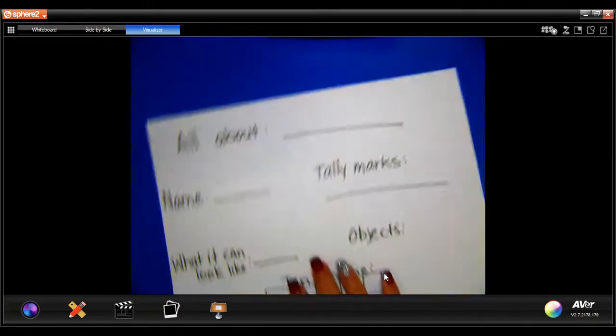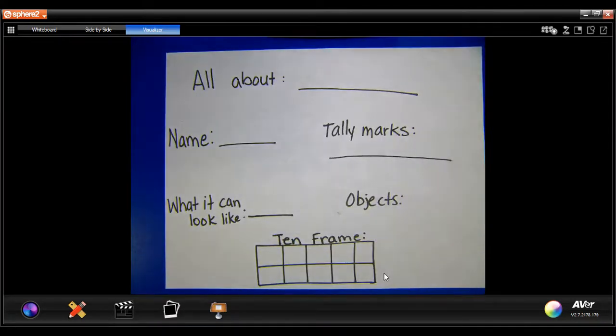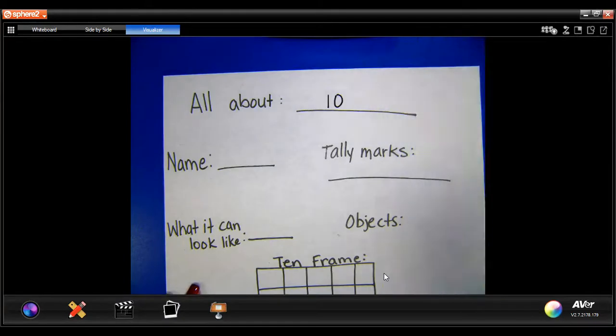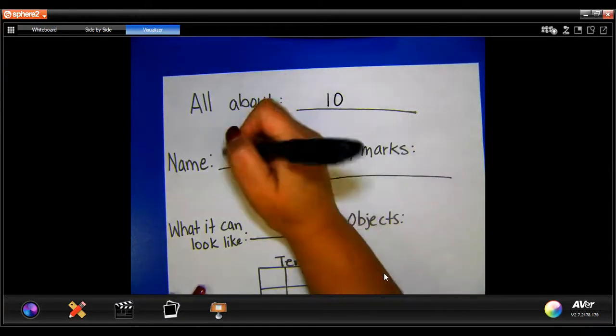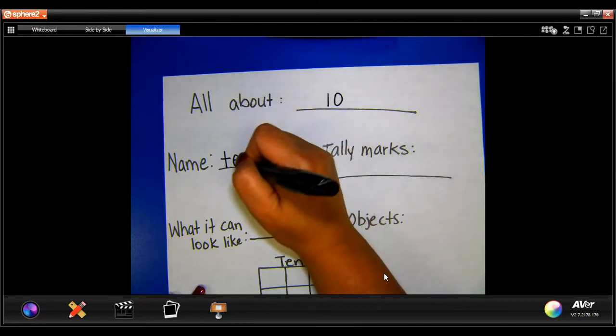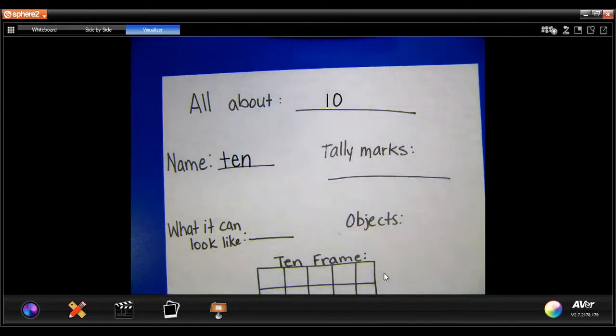So we're going to work on our all about poster number 10. Okay, all about 10. All right. This is how you spell 10. T-E-N. Now we're going to do our tally marks.